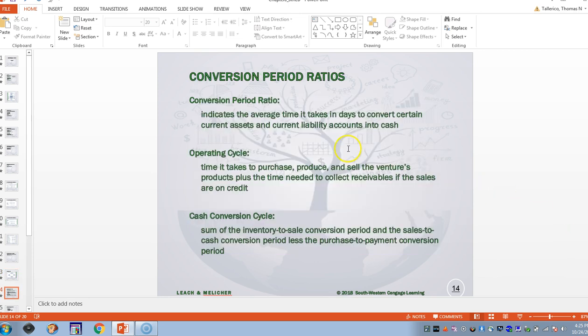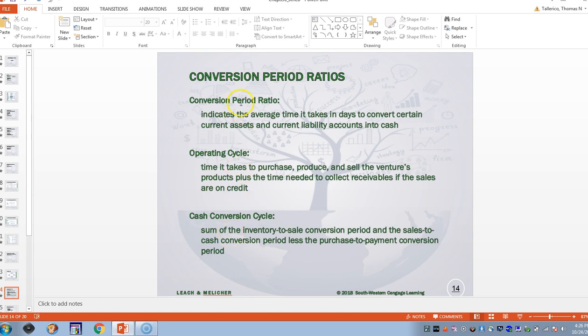All right, so we're going to talk about conversion period ratios. And basically, there's going to be 3 ratios that we got to worry about, and the 3 ratios will bring us our cash conversion cycle equation, which is very simple.